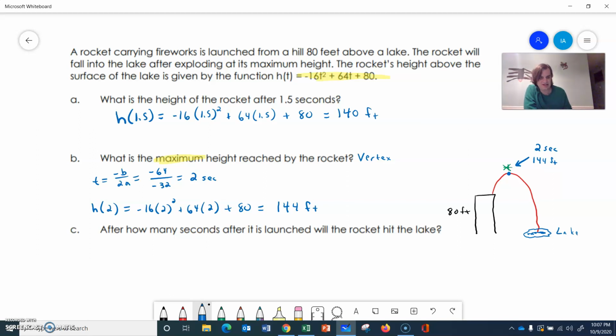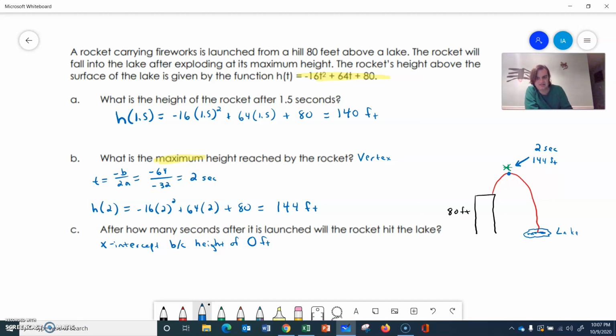So that is like an x-intercept, because we want a height of 0. When it hits the lake, it's going to have a height of 0. It's not going to be 80 feet in the air where the building was. It's going to come below that and hit the ground.